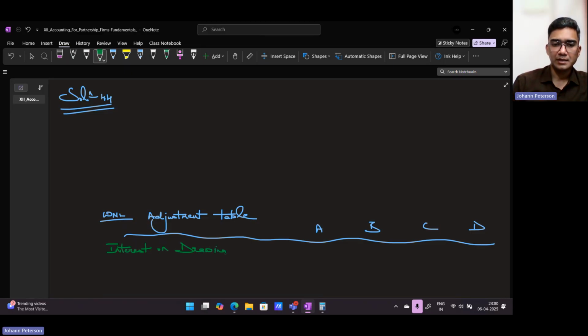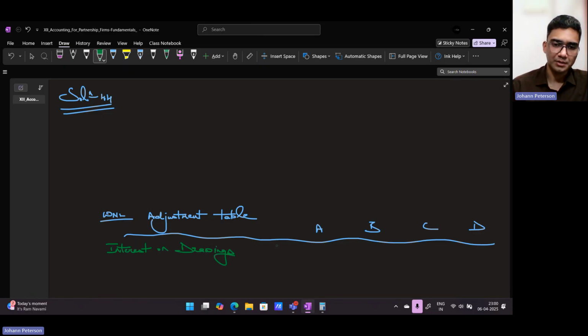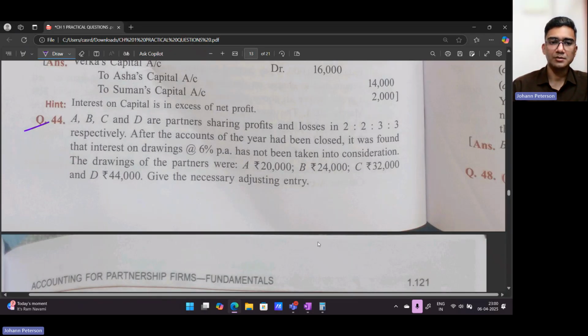When you have to take interest on drawings from the partners, this is going to be debited in the capital account. So that's what we are going to do. So let's write debit. Now from A, how much are we going to take? We are told the drawings for A were 20,000. So these are the total drawings in the year. It's not being told as to when it is done.